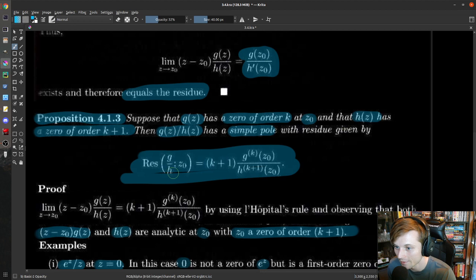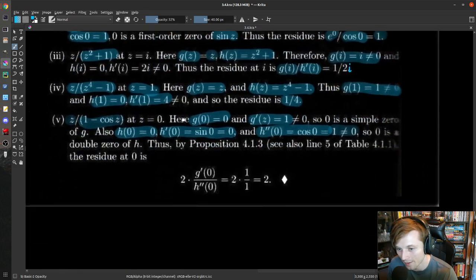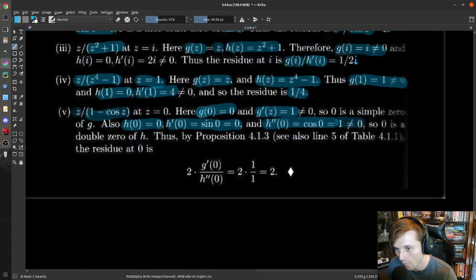In this case, we'll take k plus 1 times the kth derivative of g at z naught, divided by the k plus 1th derivative of h at z naught. So in this case, remember, g has a 0 of order k, h has a 0 of order k plus 1. Here we have a 0 of order 1 and a 0 of order 2, right?